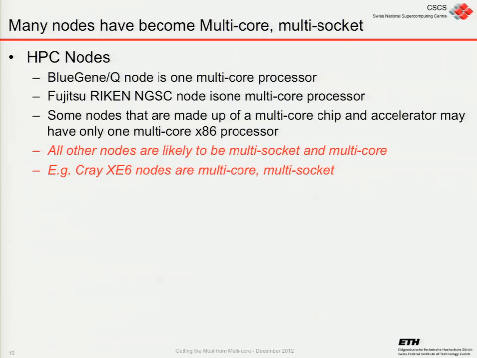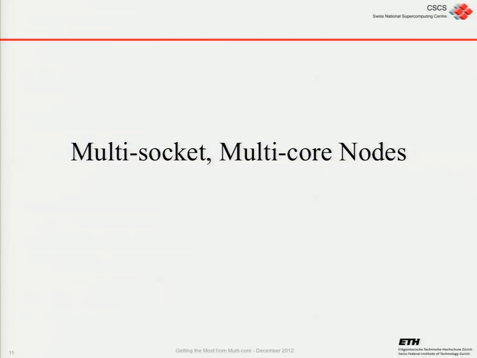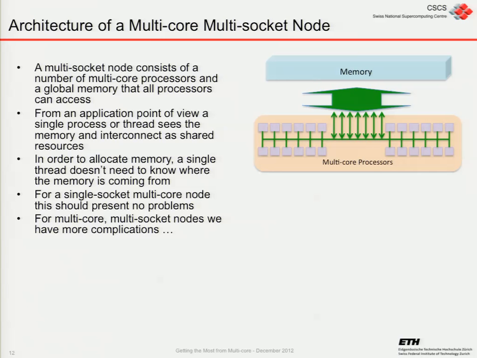The Cray XE6 nodes, this is one of the three machines that we're going to be using in the practical. For example, that's multi-core, multi-socket, and multi-die. So there are 4 nodes there. So a multi-socket node consists of a number of multi-core processors and a global memory that they can all access.